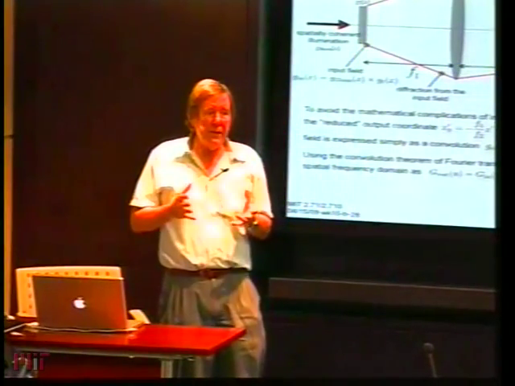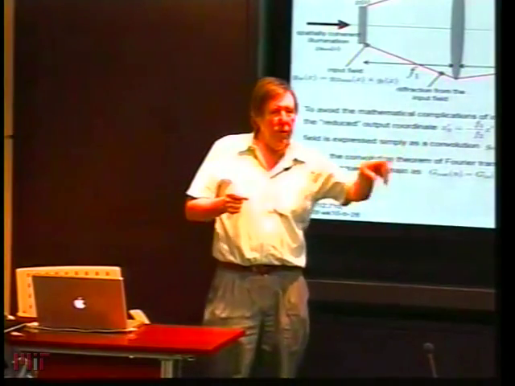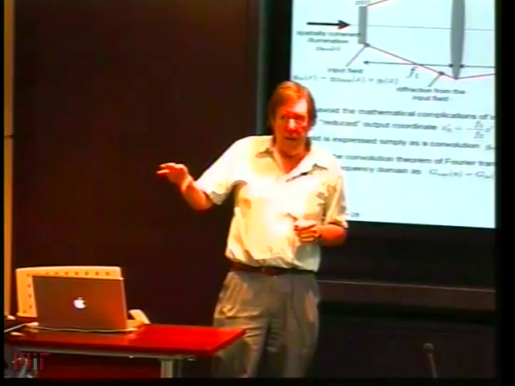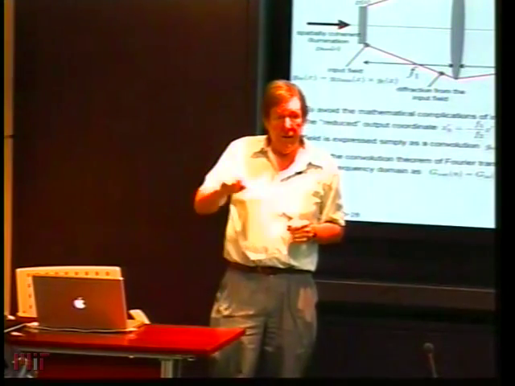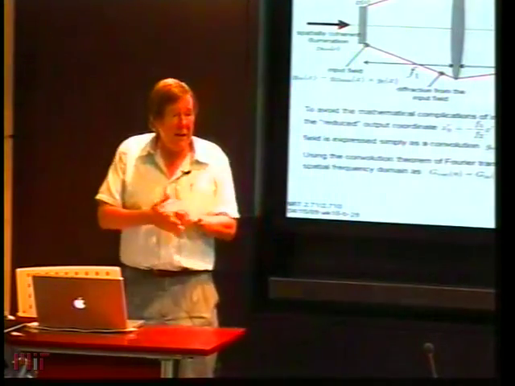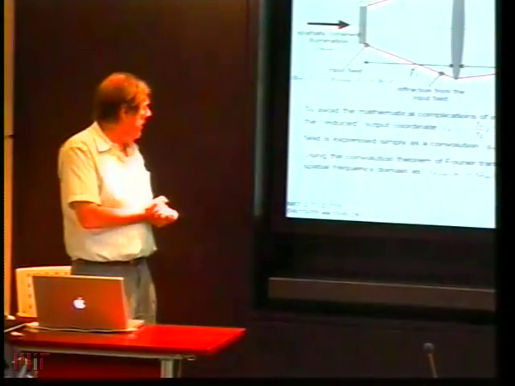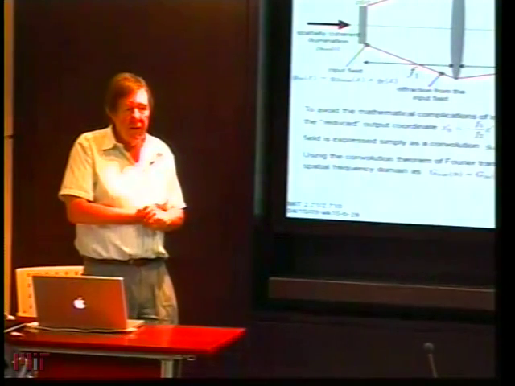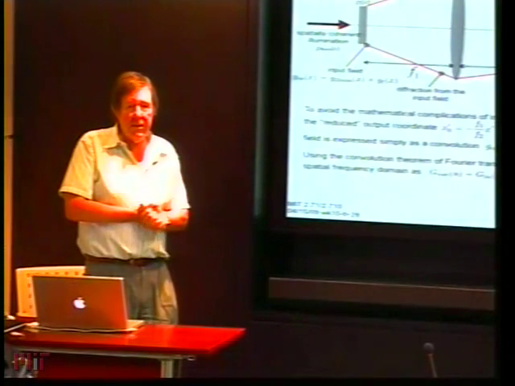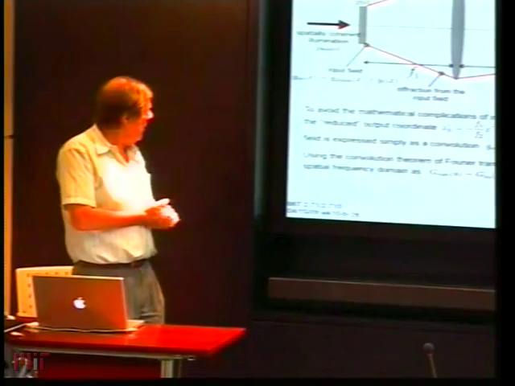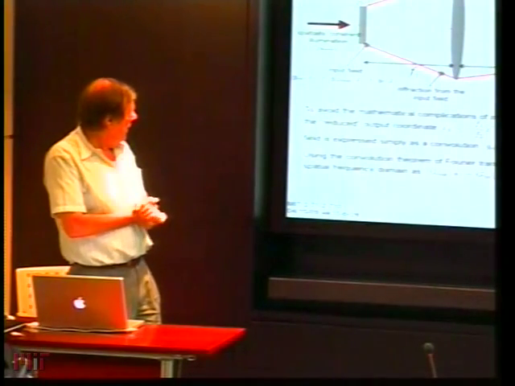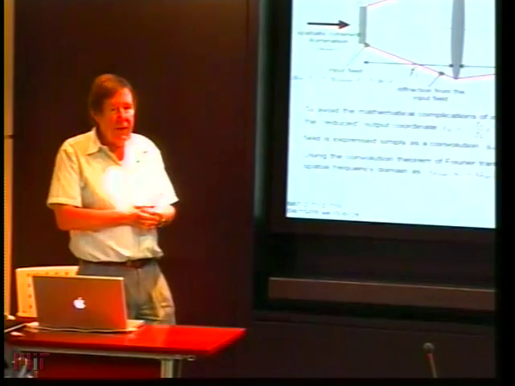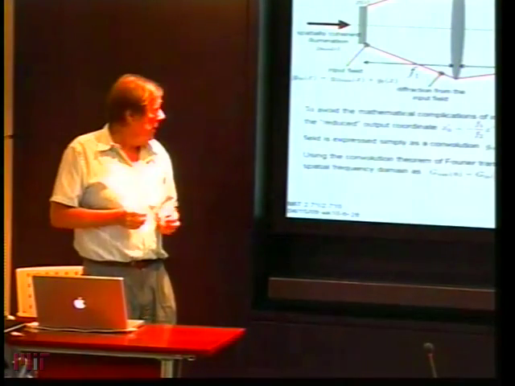For the transfer function, you put in a pure frequency and look at the output that you get from that pure frequency. We can do exactly the same for the optical case. Instead of thinking in terms of a point spread function, which is the same as the impulse response, we can think in terms of a transfer function.